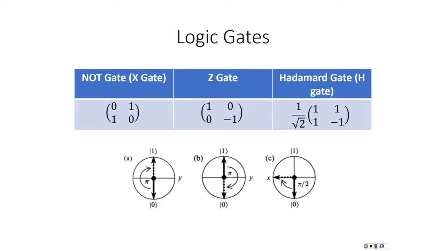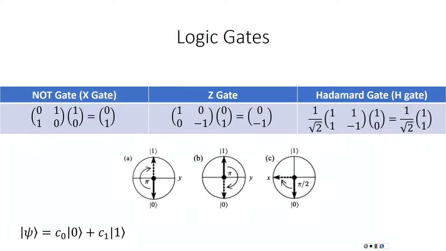On the other hand, here are some typical logic gates for a quantum system. So we have a NOT gate or an X gate, a Z gate, and then a Hadamard gate, H gate. So here's the matrix form of these different gates and how they'll operate on the wave function.